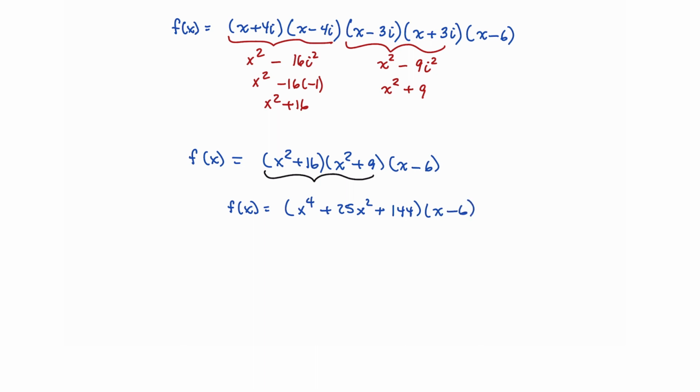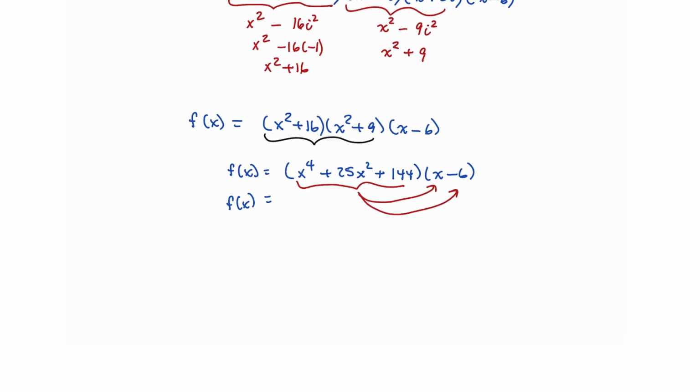Now we have a trinomial times a binomial. What that basically means is that every term in the left-hand quantity gets multiplied to every term in the right-hand quantity. Now, to make this a little more systematic, we're going to take each one of these terms and multiply it by x. And then we're going to take each one of those terms and multiply it by a minus 6. So I guess I have to move my f of x there. That's okay.